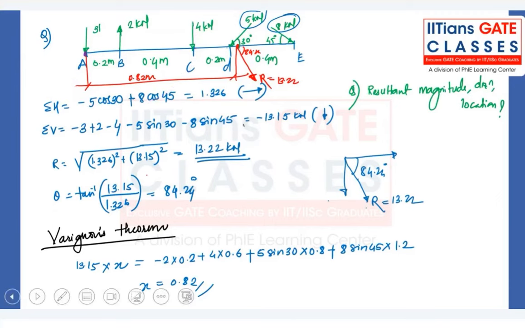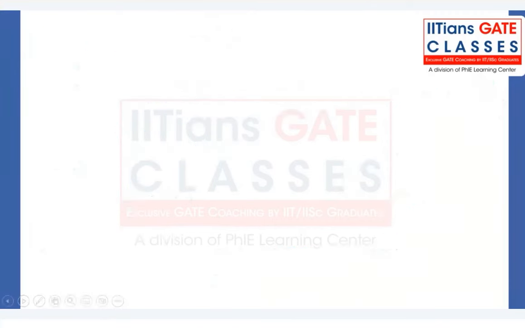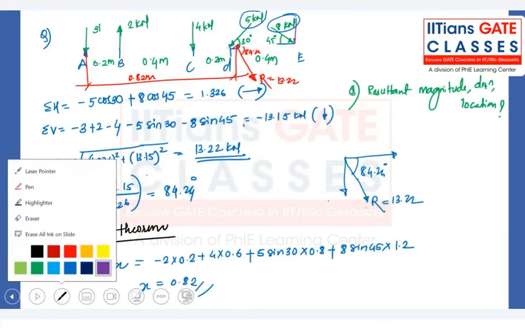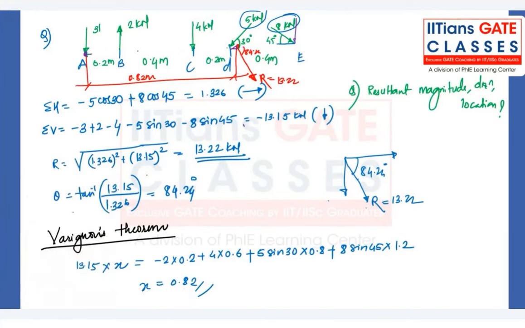Here the components will look like this, right? Here also the components will look like this. So it will basically create again clockwise moments only. I hope it is clear, Pranav.